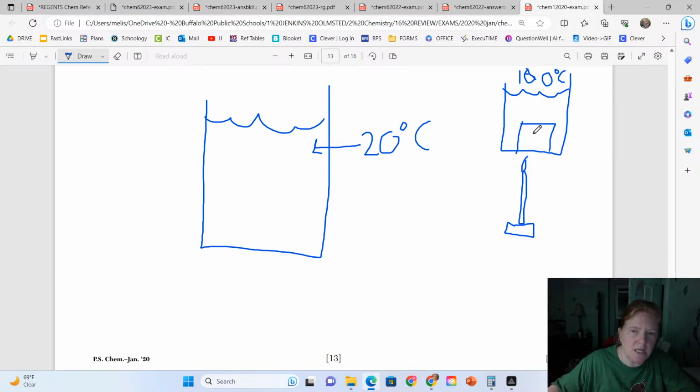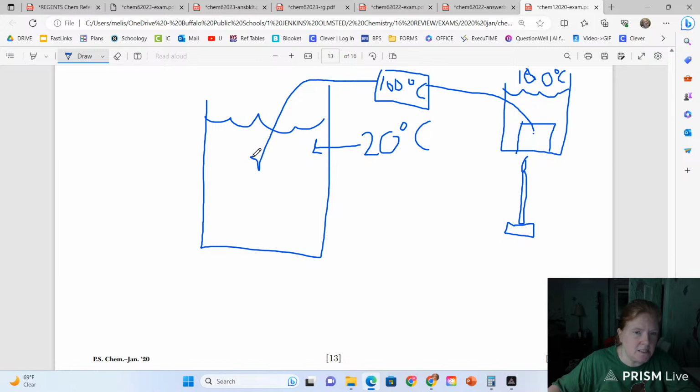So then I take this piece of iron out of the beaker. It's at 100 degrees Celsius because it just came out of the boiling water. I'm going to put it inside this beaker. Stoichiometry is really not important here, so I don't even worry about it.